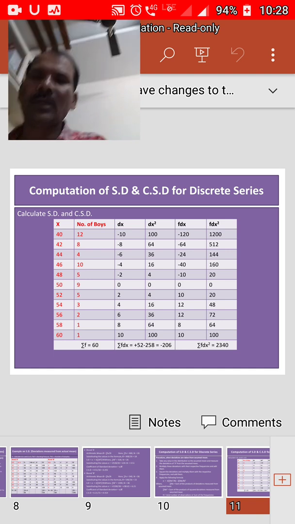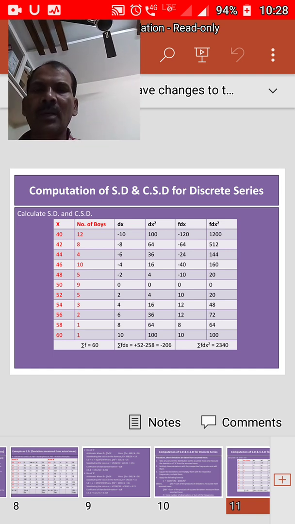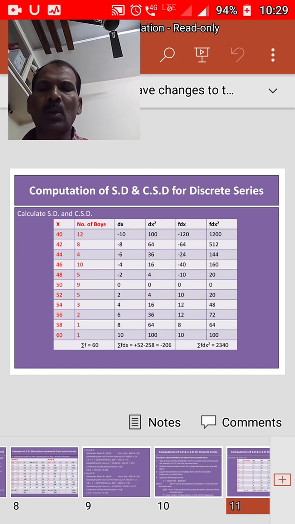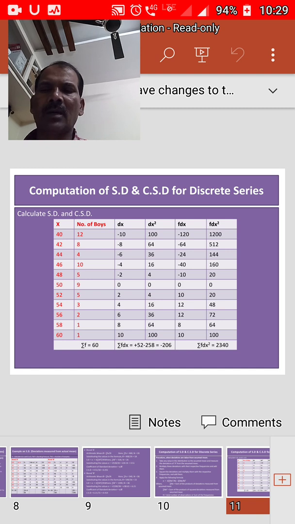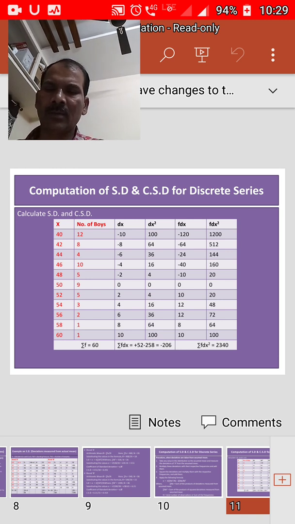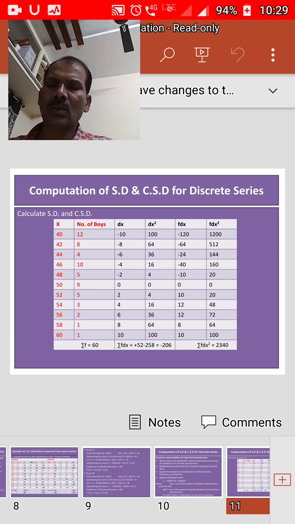Why we require this sigma f dx is in order to find the arithmetic mean. X bar is equal to a plus sigma f dx by n. We know the principal formula to calculate x bar. Here a is equal to 50, the assumed mean, sigma f dx is equal to minus 206, and n is equal to 60.